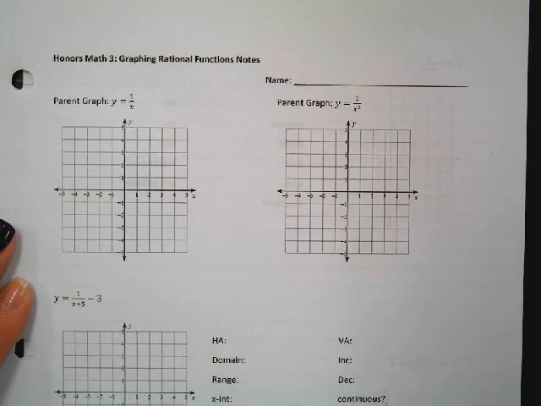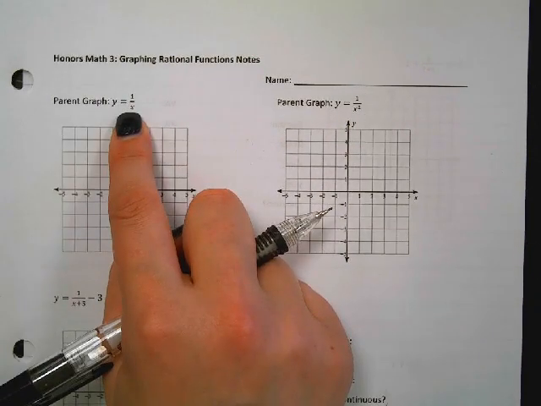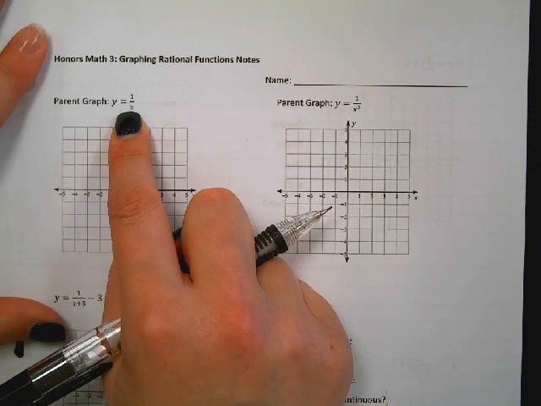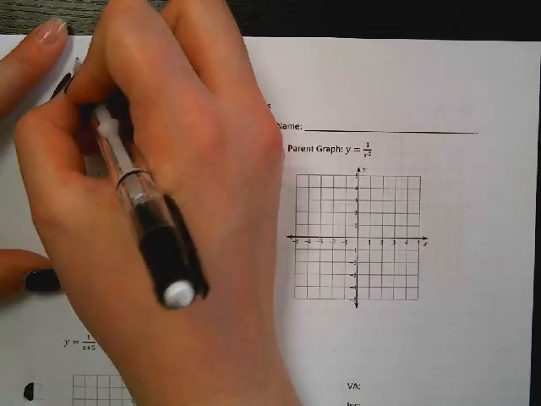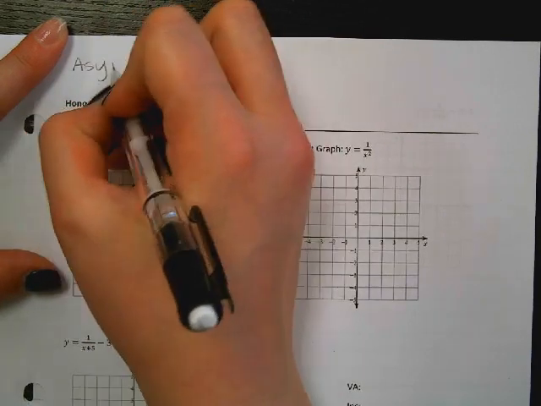So if you guys recall, we do know that on the bottom of the fraction we have some excluded values, and that those excluded values actually in this case, when we graph, they become asymptotes, which is potentially a word that's new to you. So we're going to go ahead and write that at the top of our notes. Asymptote.